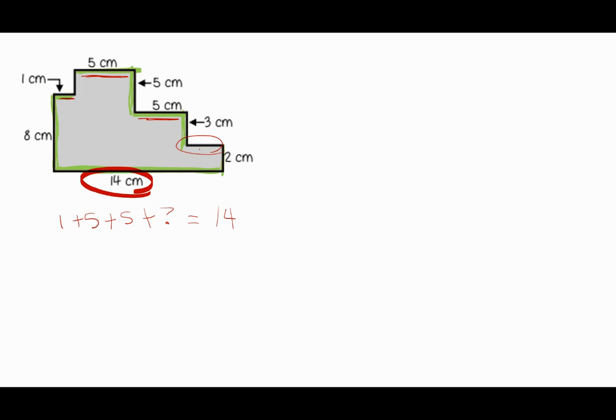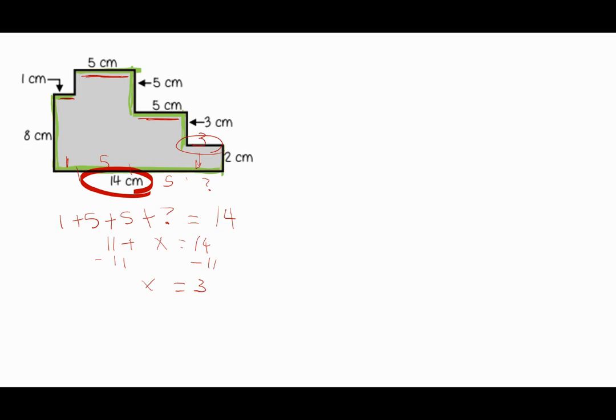If we drop those down, here's our question mark, here's our 5, our other 5, and our 1. So this is 11 plus x equal to 14. Subtract 11 from both sides, and x equals 3. So this value becomes 3.